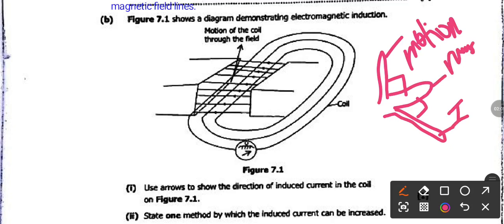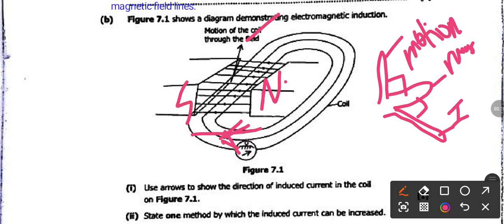In this case we're given two. We're given the motion as well as the direction of the magnetic field, which is in this direction, because magnetic field lines run from north to south. So I'll have to position my thumb upwards.